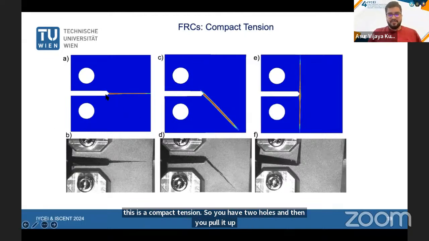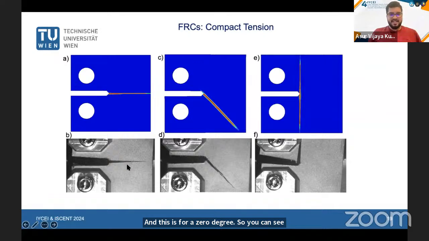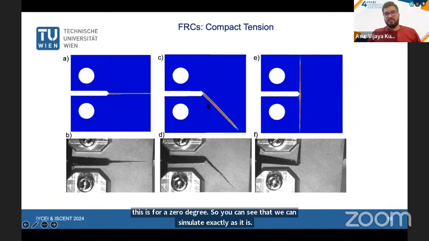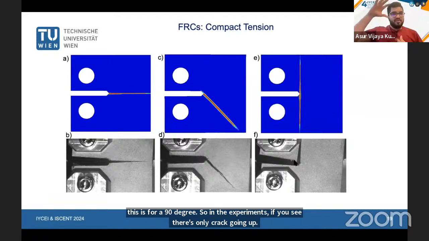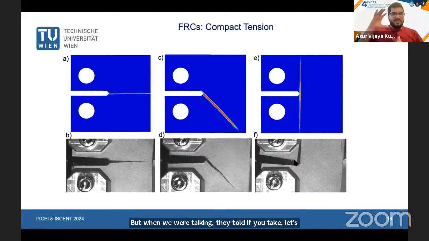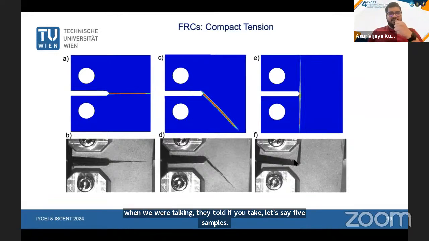So you can see that we can simulate exactly as it is. And this is for minus 45°, and we can also simulate this. And this is for 90°. In the experiments, there's only a crack going up, but when we were talking, they told me that if you take, let's say, 5 samples in the experiments, some cracks go up and some cracks go down.